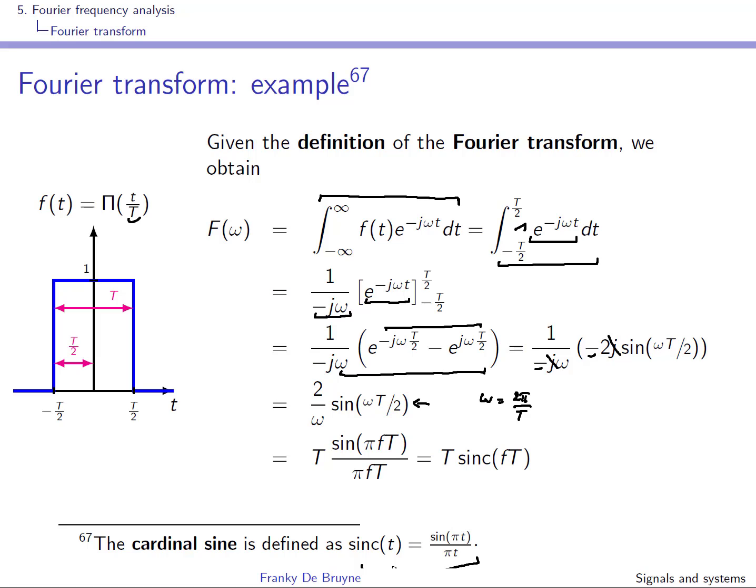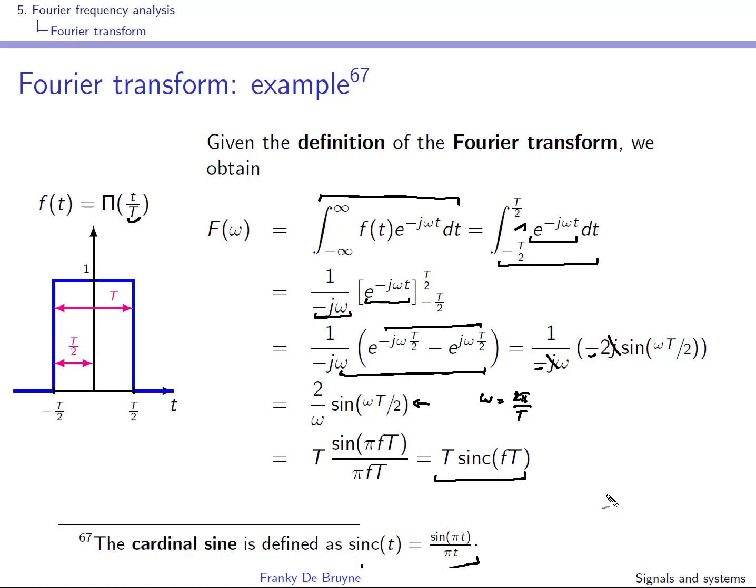A cardinal sine is the sine of pi t divided by pi t, and if you write it like this, you see that the Fourier transform of a rectangular impulse of duration T is a cardinal sine.